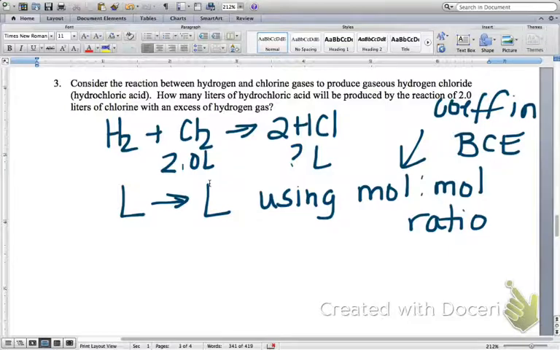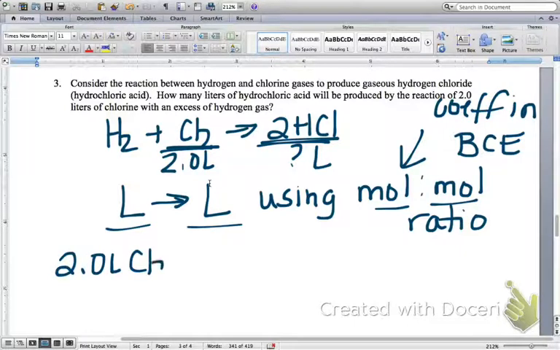But instead of writing the mole-to-mole ratio as, for example, 2 moles of HCl for every 1 mole of chlorine, instead of writing it as a mole-to-mole ratio, we're just going to change the units and make it a liter-to-liter ratio. So we can greatly simplify this problem by writing it out like this. 2.0 liters of chlorine, and now use our mole-to-mole ratio, but change the unit to liters.